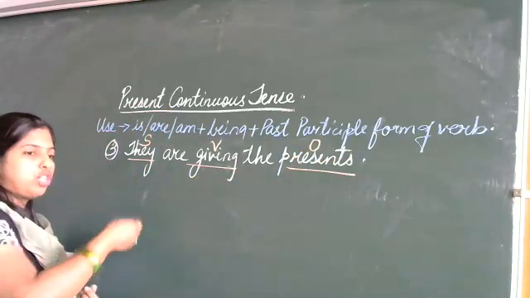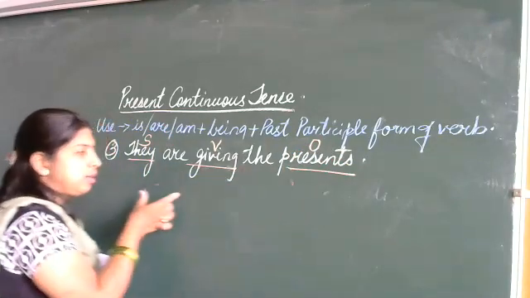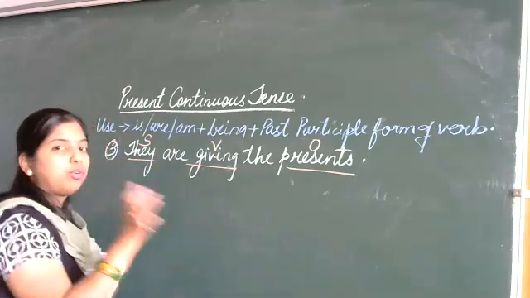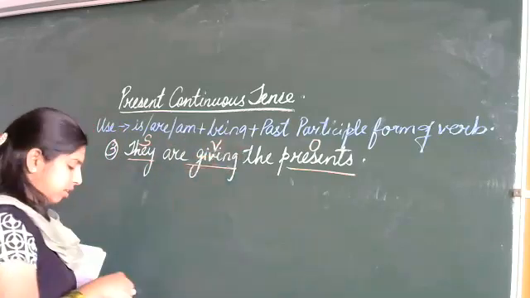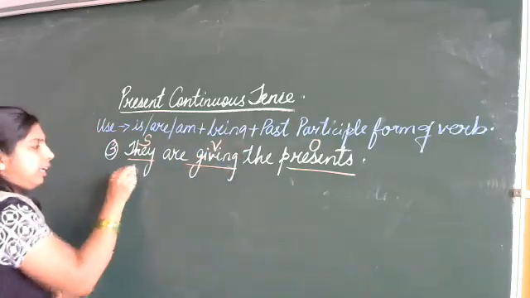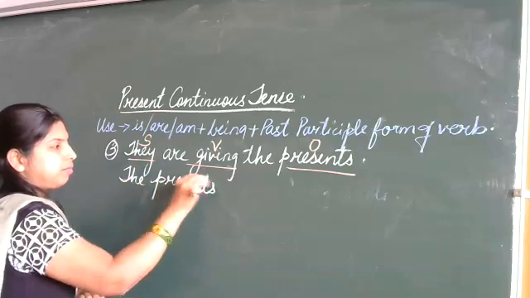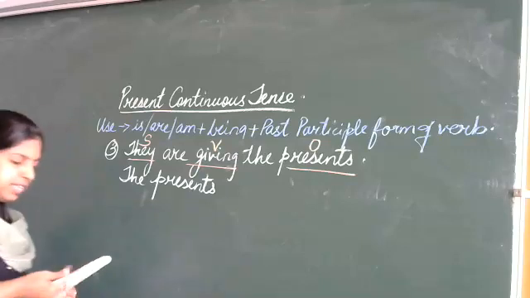Now we have to change. What will we do? We will bring this present first and the subject will go last. But what is the change? We are going to follow this rule here. So, the presents are being given by them.